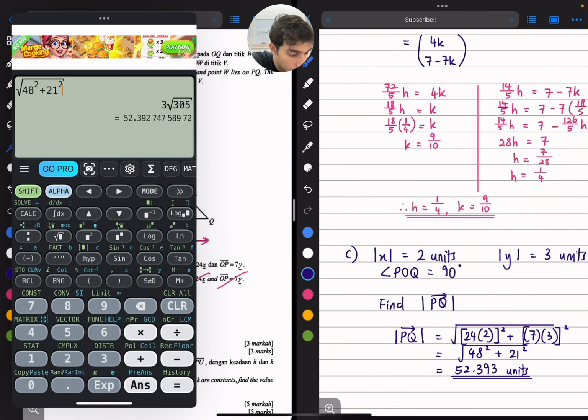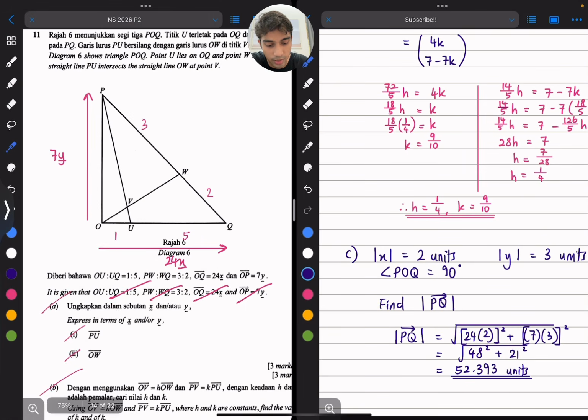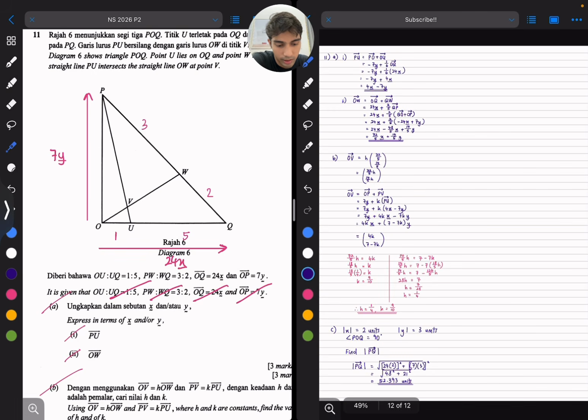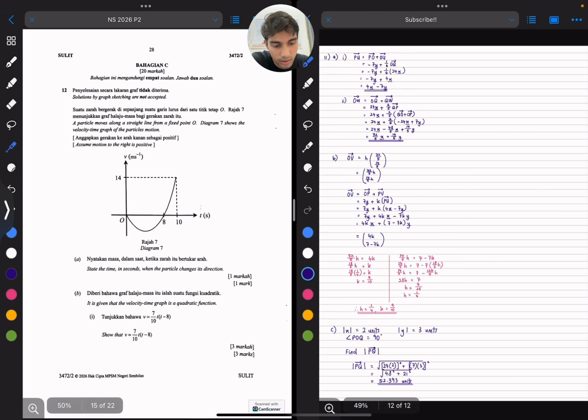This will be the magnitude of PQ. Okay, basically it's just Pythagoras theorem. This length would be 24 times 2 because they said magnitude of x is 2. This length will be 7 times 3. So a square plus b square, we get c square. That's it. Done. 10 marks.